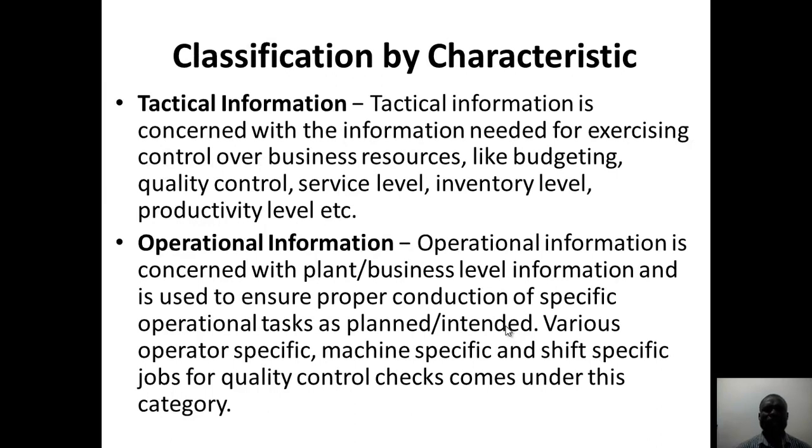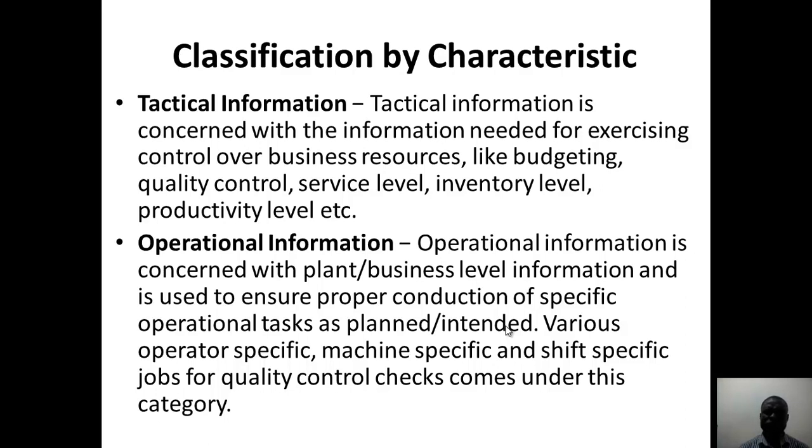Now we have what we call tactical information, and that is concerned with the information needed for exercising control over business resources, like budgeting, quality control, service level, inventory level, productivity level. So this helps the tactical operation of the organization. And then we have operational information, which is concerned with plant or business level information, and it is used to ensure proper conduction of specific operational tasks as planned or intended.